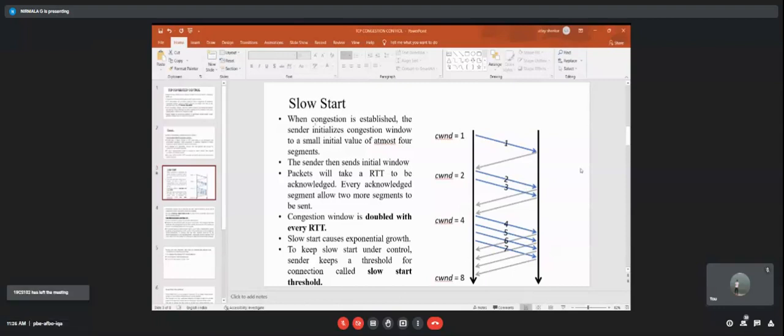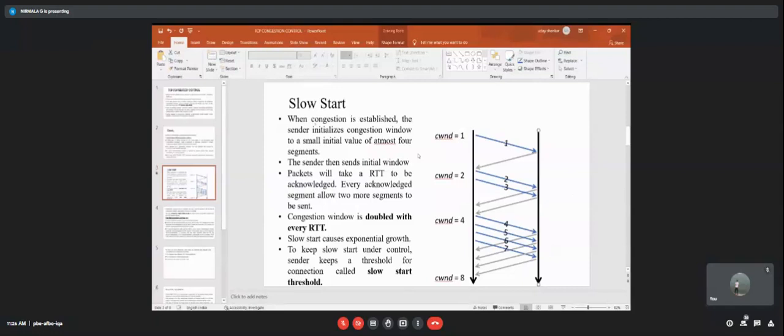Whenever the connection is established, the sender initializes the congestion window to a small initial value of at most 4 segments. Here we have a sender and a receiver, and there is a connection established between them. So the initial congestion window size is 4 segments.